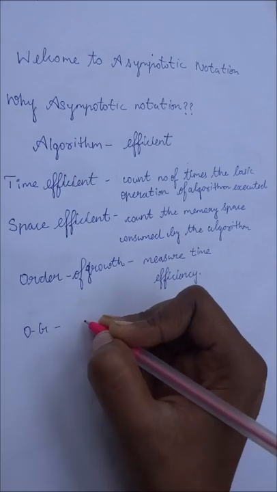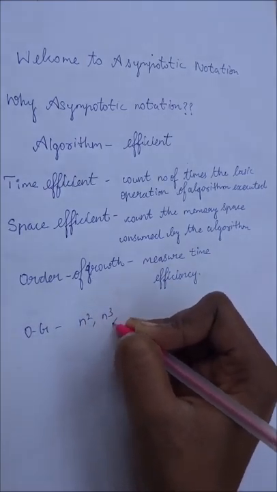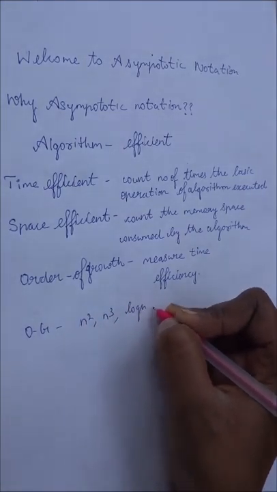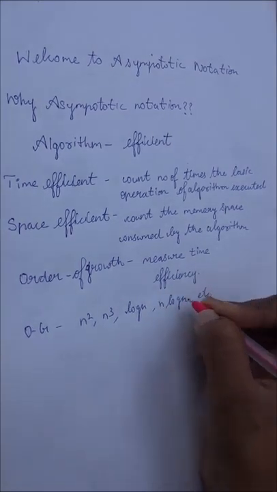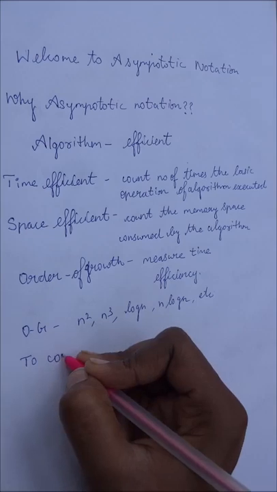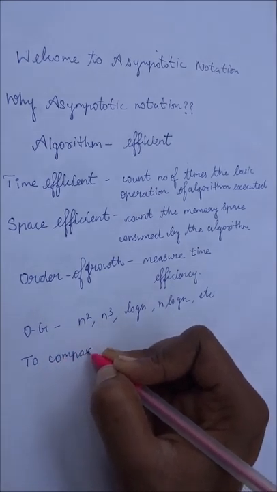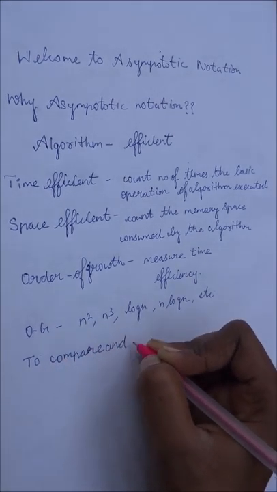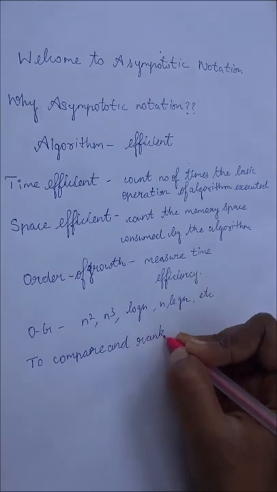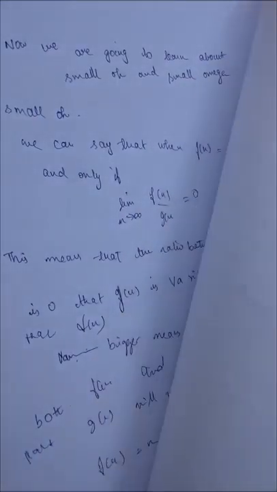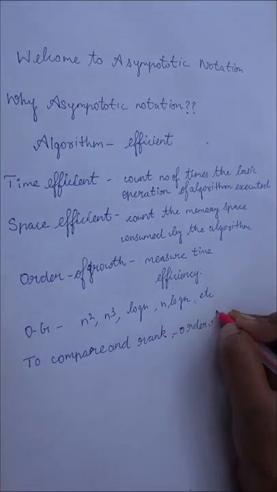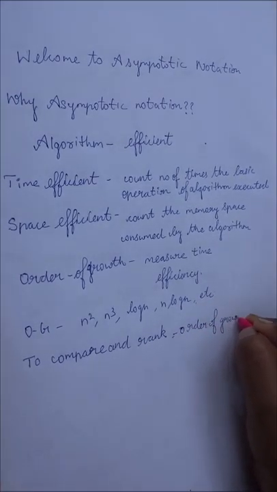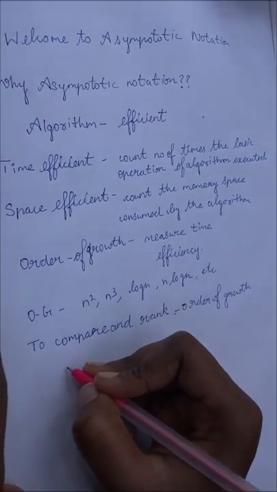In order of growth, we have n square, n cube, log n, and so on. To compare and rank such orders of growth, we use asymptotic notation.